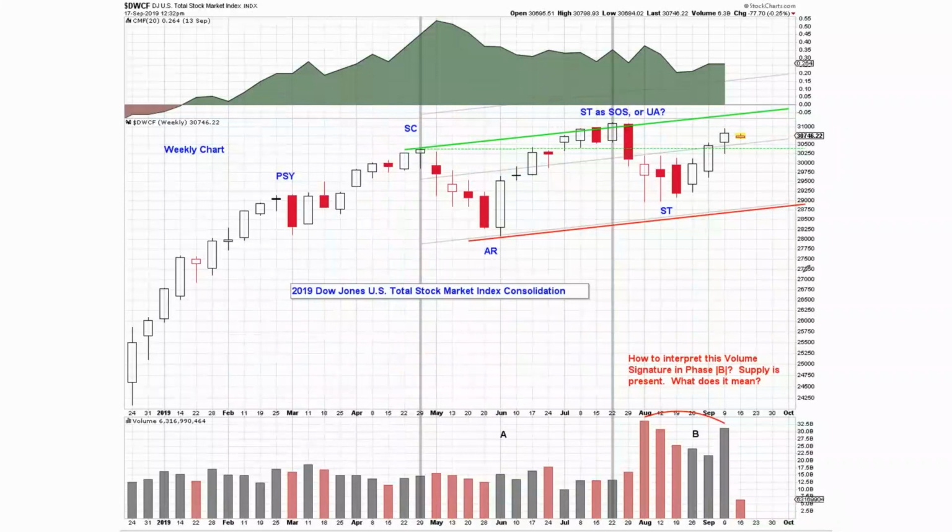The way I'm seeing it, we've made it through phase A, and we're now in phase B, but here's what, by my interpretation, volume is doing, and here's what money flow is doing. Maybe this will correct itself, but this is what I'm seeing right now.